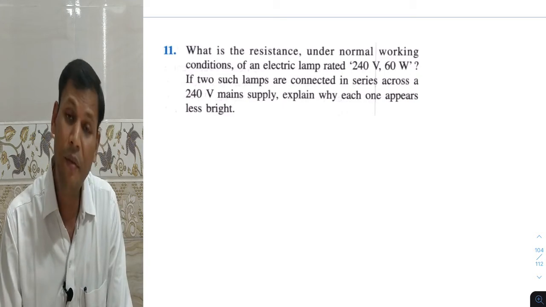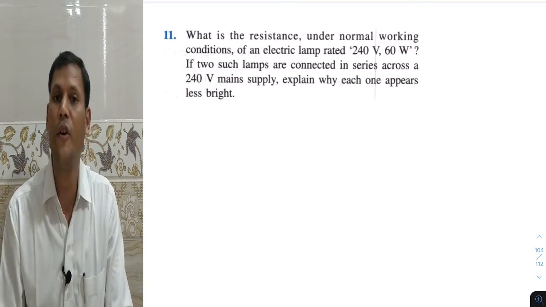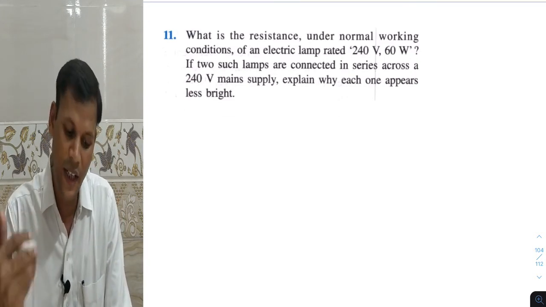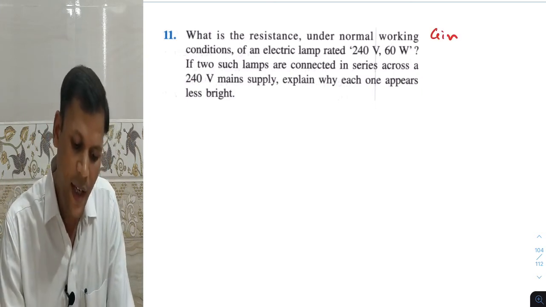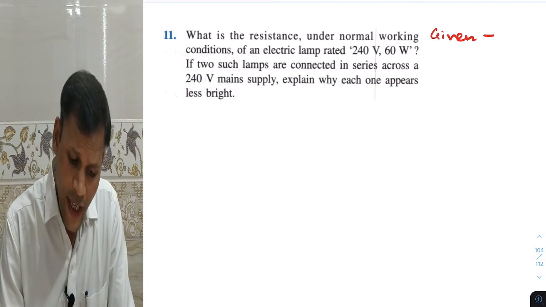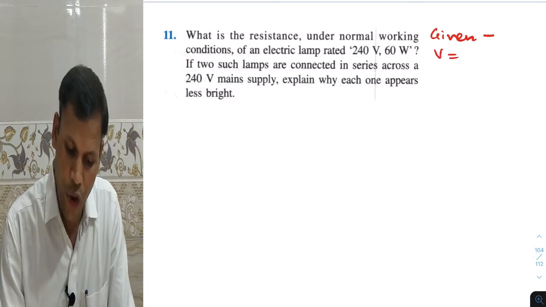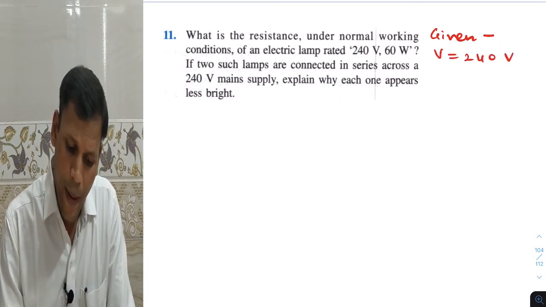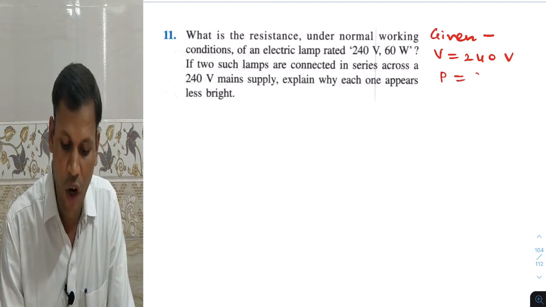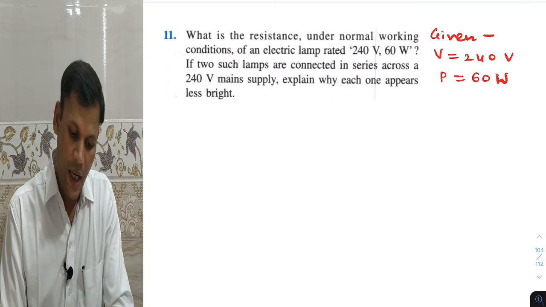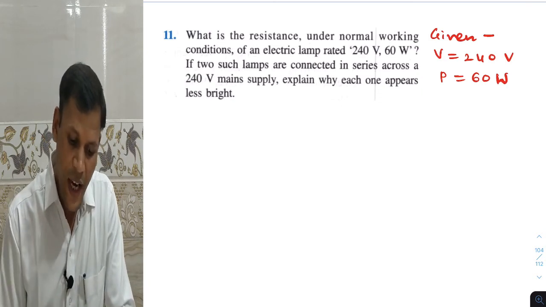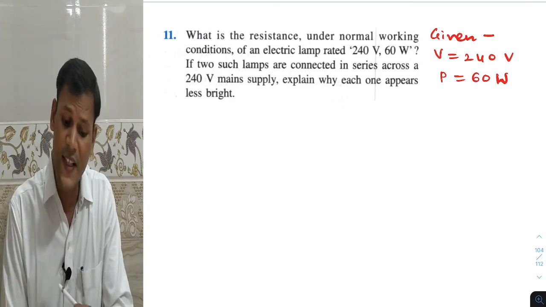First of all, we will write what information is given to us. Given part: voltage is given, 240 volt, power is 60 watt. Okay, so first we have to calculate the resistance.